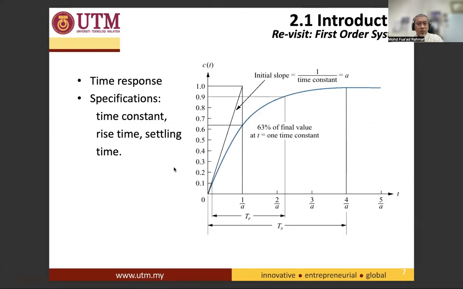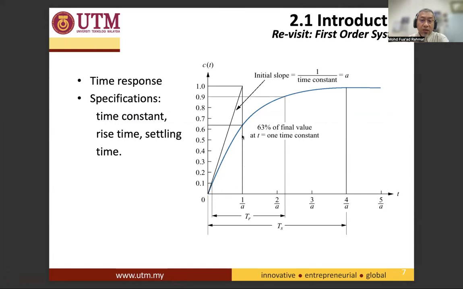The first order system that we learned last semester in the previous Control 1 has a response as shown here in the blue line. From this first order time response, we can obtain specific information: the time constant, the rise time, and the settling time.